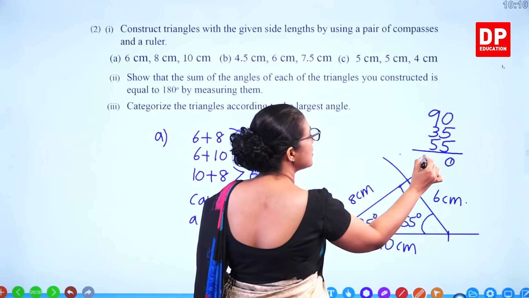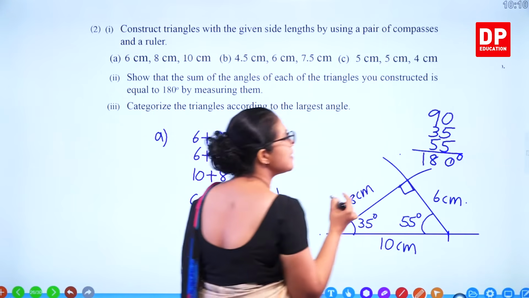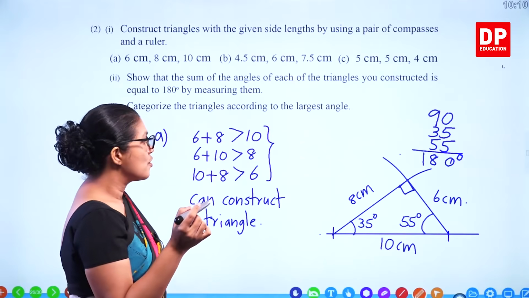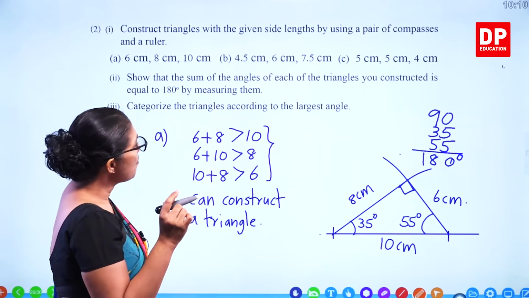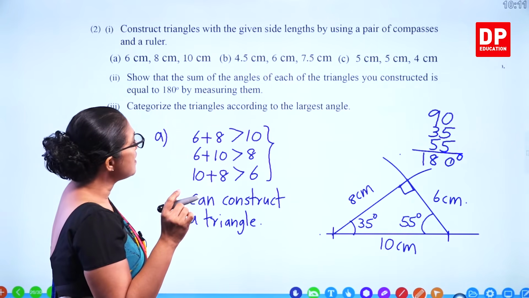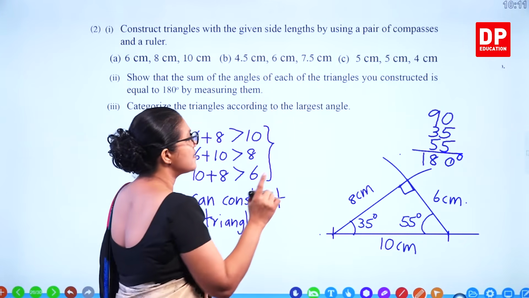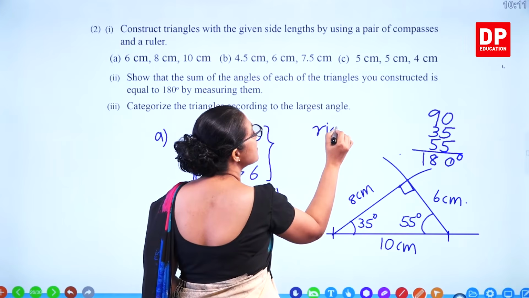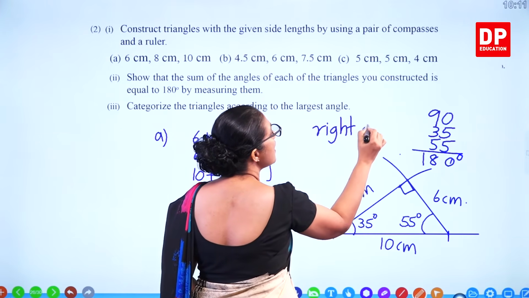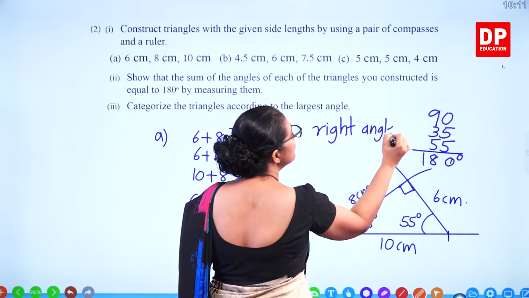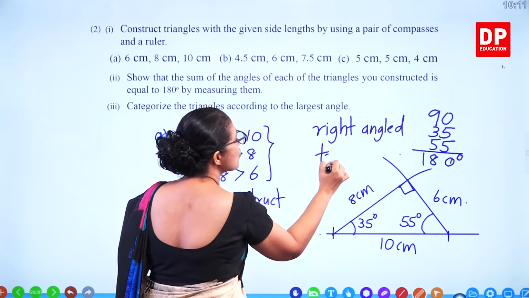You get 180 degrees. So this is true. And what type of triangle is this? Now a 90 degree angle is there. So this is a right angled triangle.